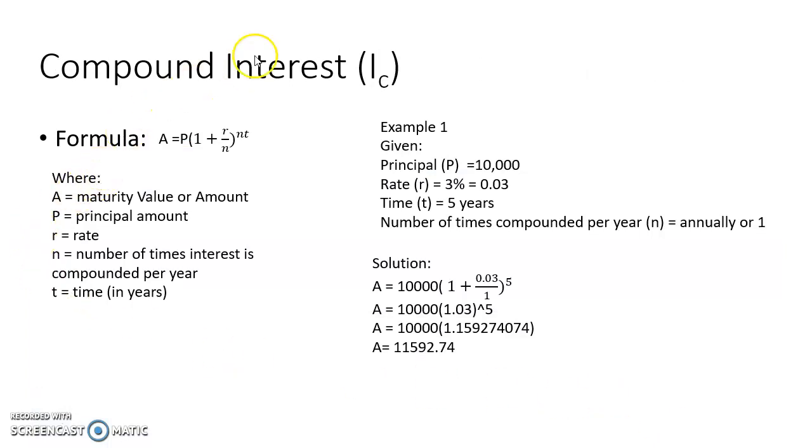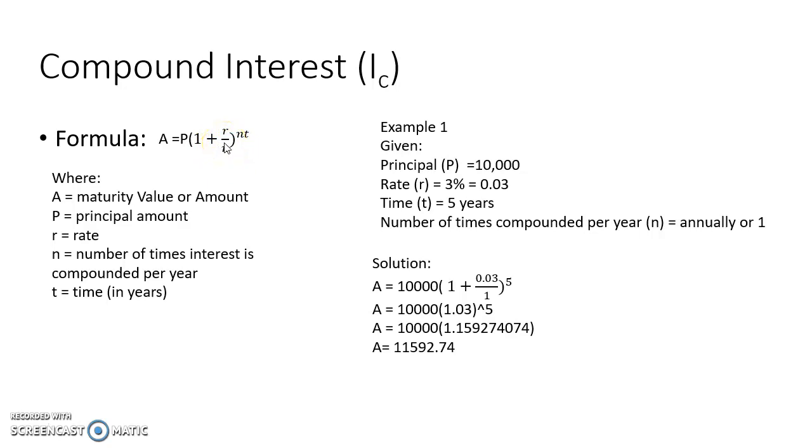Okay, formula for computing the compound interest. We have A for the maturity value is P times the quantity 1 plus R over N raised to N times T. So, yung N dito, ito yung kung ilang beses siya nag-compound sa isang taon.